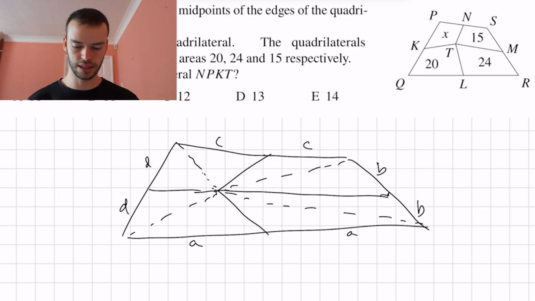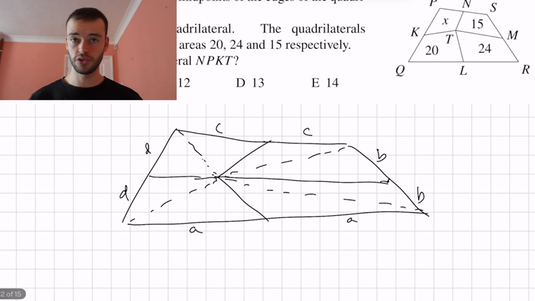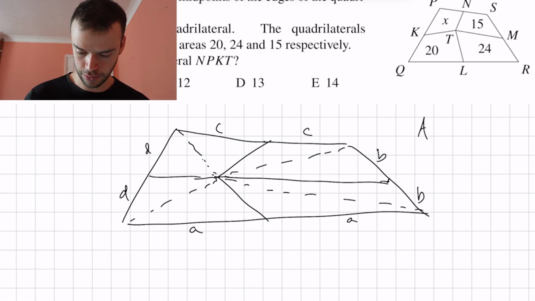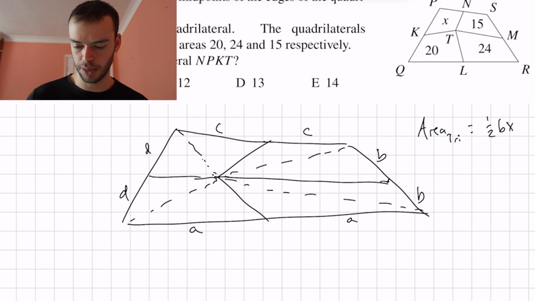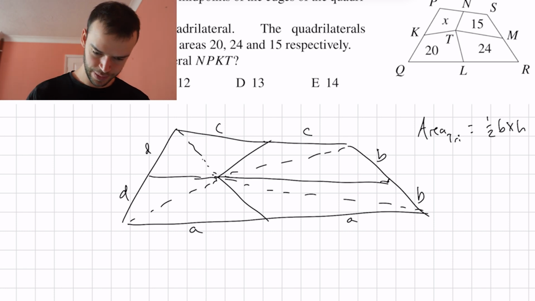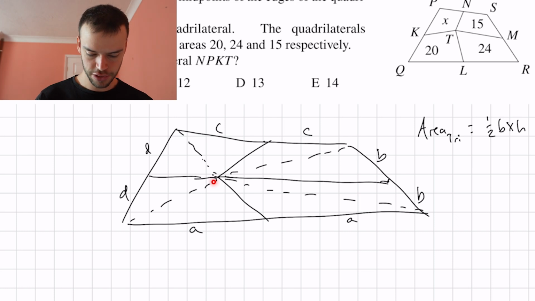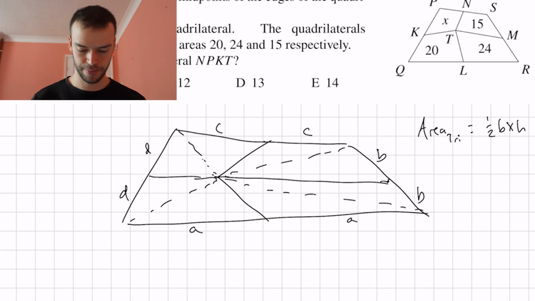Okay, now I've spotted something interesting. Using the formula for the area of a triangle, which is half base times perpendicular height, I realized that the area of this triangle will be the same as the area of this triangle because they both have the same base, which is A, and they both have the same perpendicular height from the point T to their base.